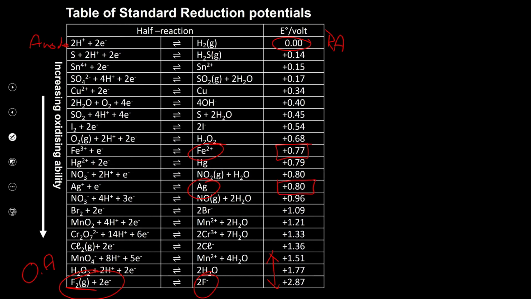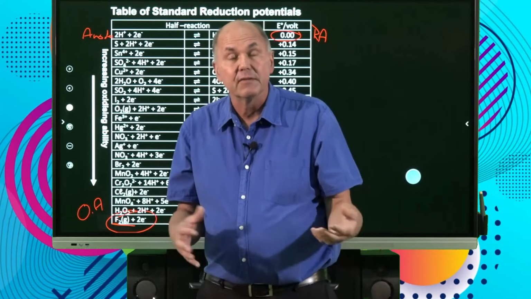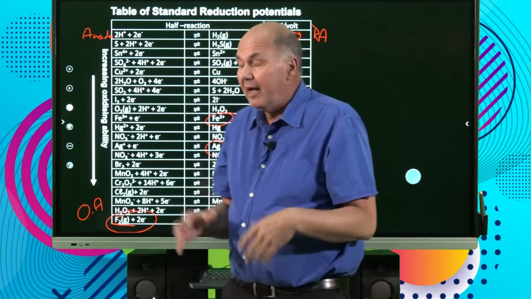The one that is more negative or closer to 0 is going to be the iron 2 plus. So if we had half cells of iron 3 plus, iron 2 plus, and silver, we'd recognize the iron 2 plus is going to be the reducing agent. That half cell is going to be the anode, where the silver half cell is going to be the cathode.